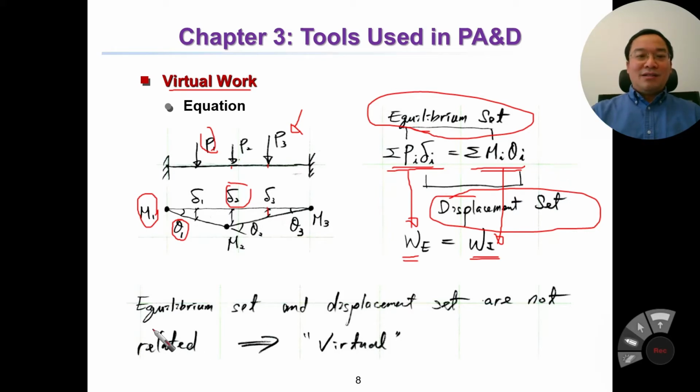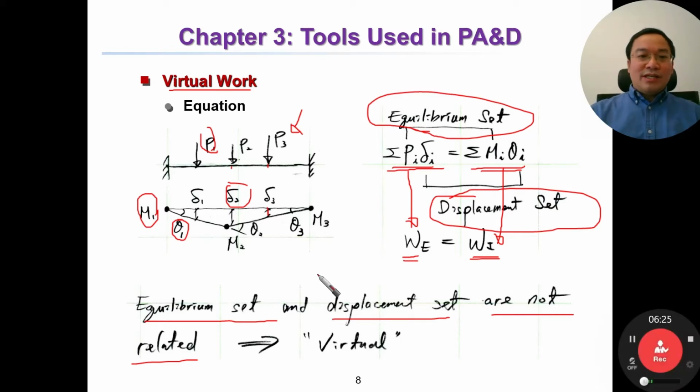It means the equilibrium set and displacement set are not related. I will explain in detail later when you see the example and you understand why. But that is very interesting and a powerful thing about virtual work.